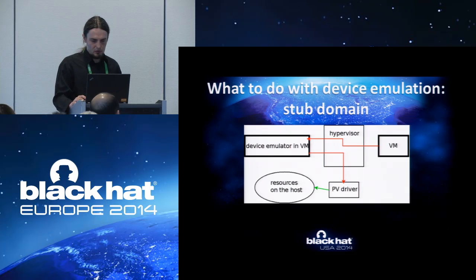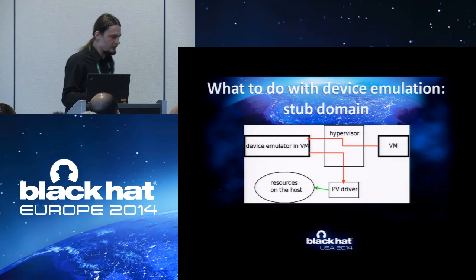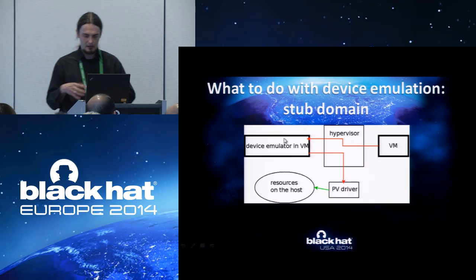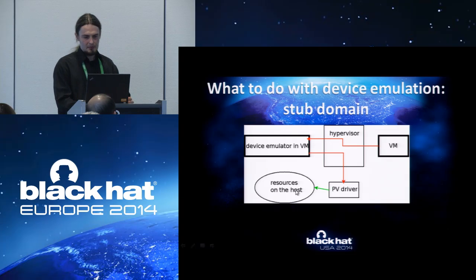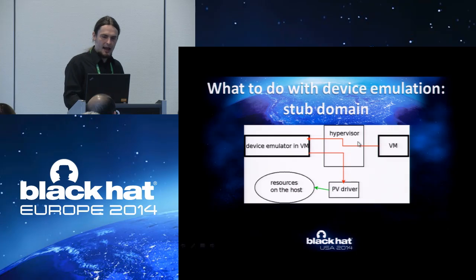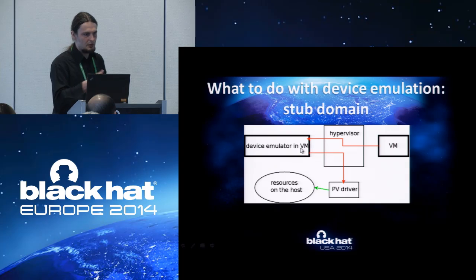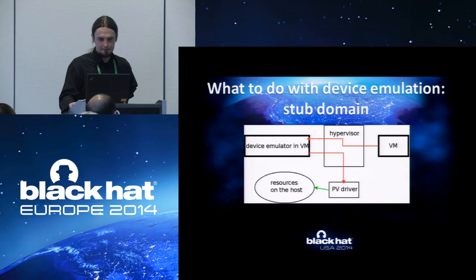So what you can do is use this nice vehicle for providing isolation, which is a hypervisor, to just isolate a device emulator. So no longer run the device emulator in some privileged environment, like on the host, but in a separate dedicated VM. And then even if a malicious VM can exploit some vulnerability in it, it gets code execution in a restricted environment, which is pretty nice.